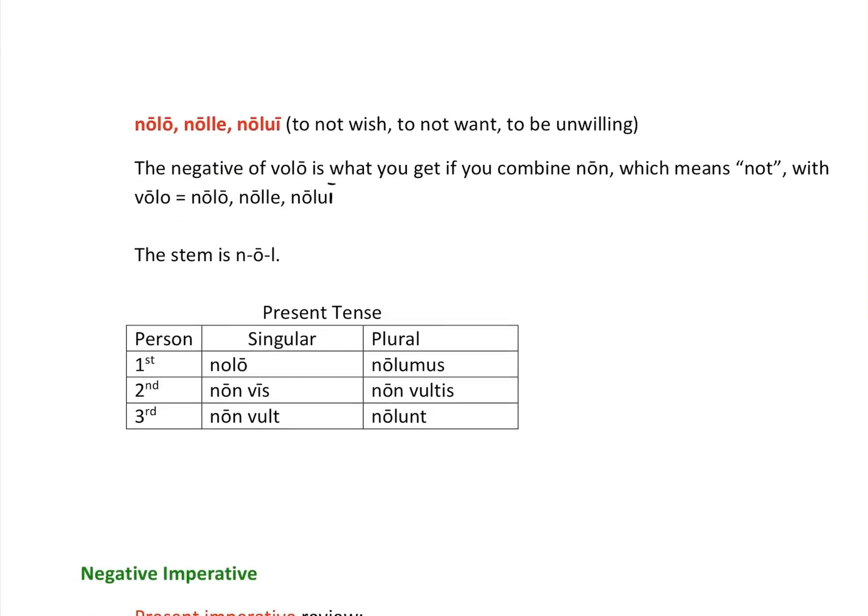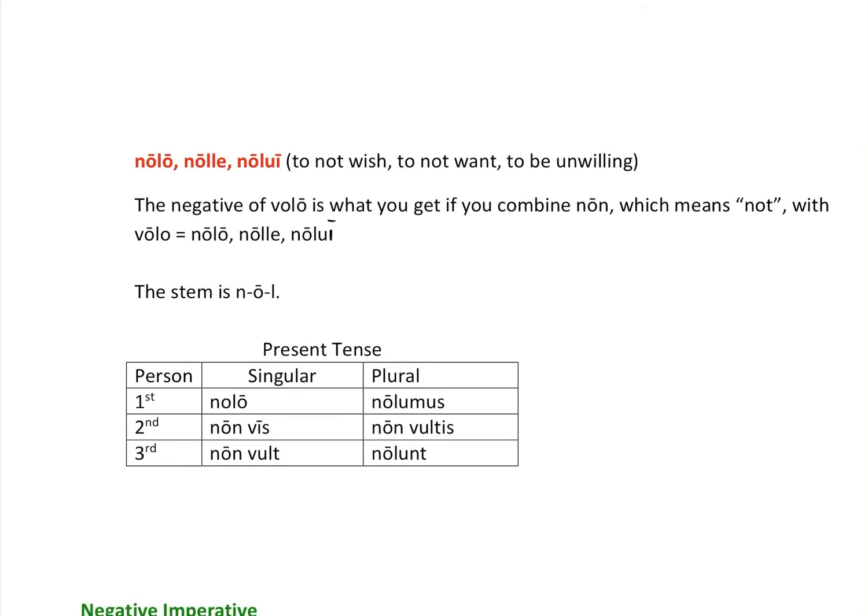Now, the negative of volo is what you get if you combine non, meaning not, plus volo. And that kind of smashes together in a combination that turns out to be nolo, nolle, nolui. So the stem is NOL.